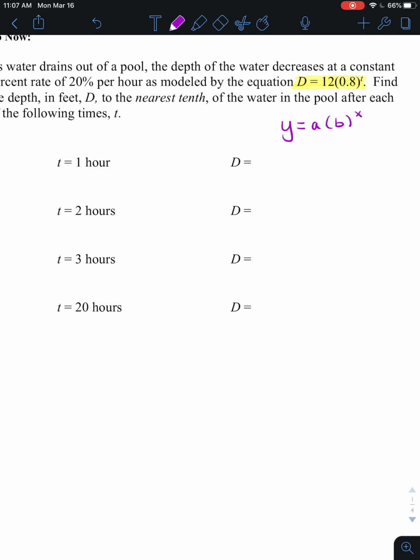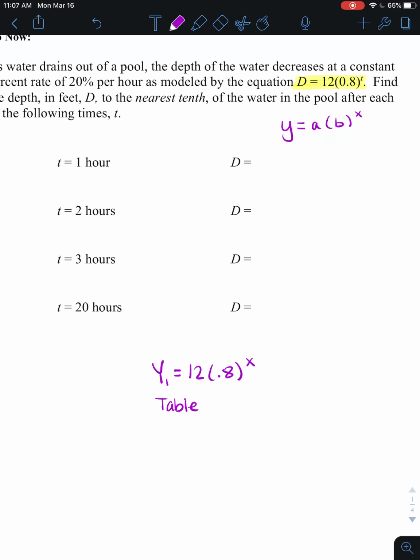So right now, if you went to your calculator and typed into your y equals 12 times 0.8 to the x, and then looked at your table, you're going to look for the values that are next to 1, 2, 3, and then there is a big jump down to 20.